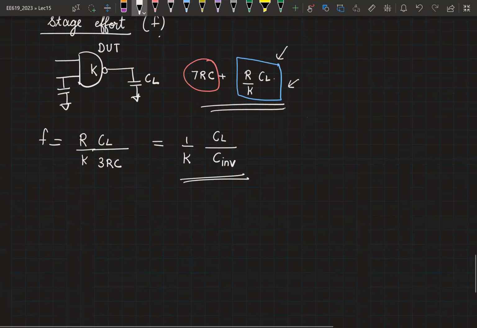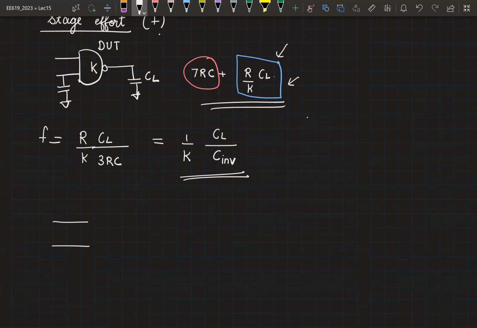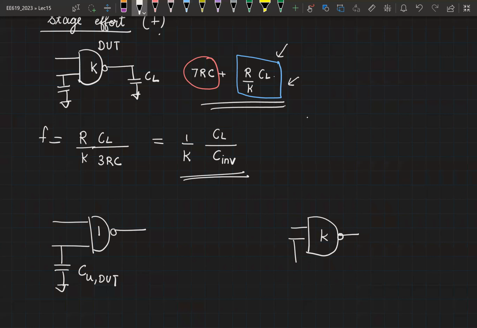What is C DUT if I size it at K? So let's say I have a NAND2 sized at 1. I have another NAND2 sized as K. So this is the input capacitance of a unit DUT. This is the input capacitance of the DUT under consideration. What are the values?